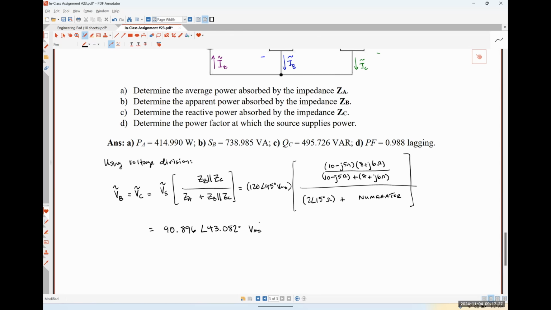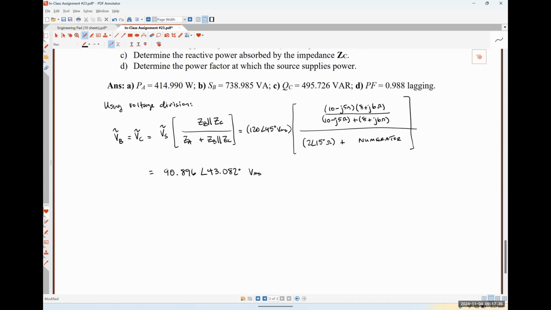So we have enough information to go ahead and knock out part B and C already with that one bit of analysis, right? For part B, recall that the complex power absorbed by impedance ZB could be written as the magnitude of our voltage VB squared divided by the complex conjugate of our impedance ZB.